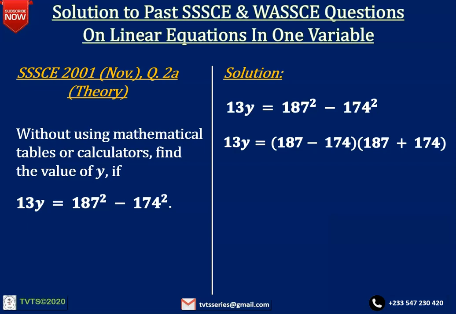Here is 13y again. 187 minus 174 is 13, and 187 plus 174 is 361.